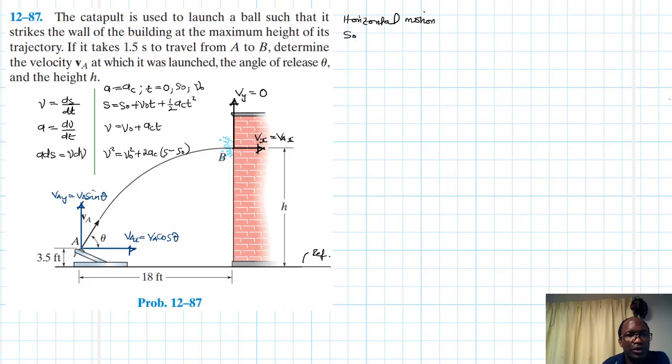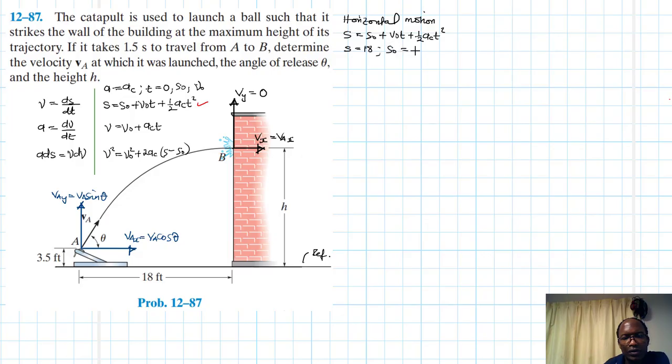So we are using this equation, s equal to s naught plus v naught t plus half ac t squared. Our s in our case is 18.